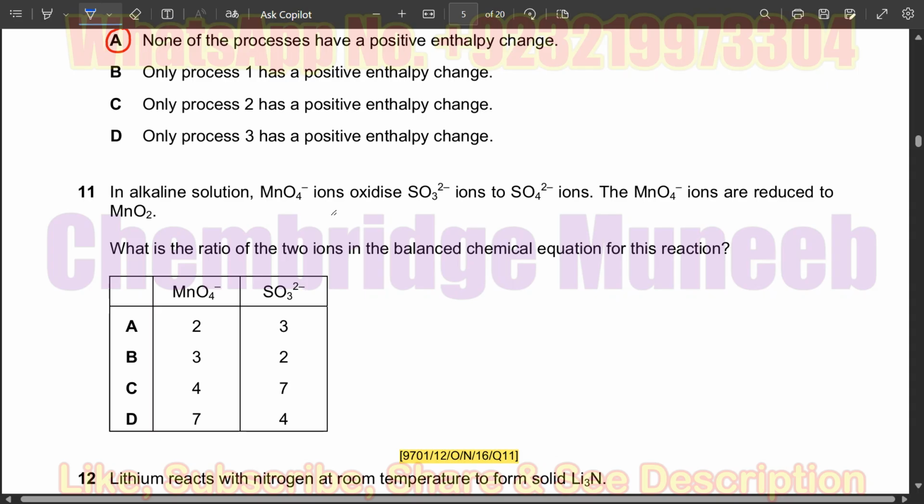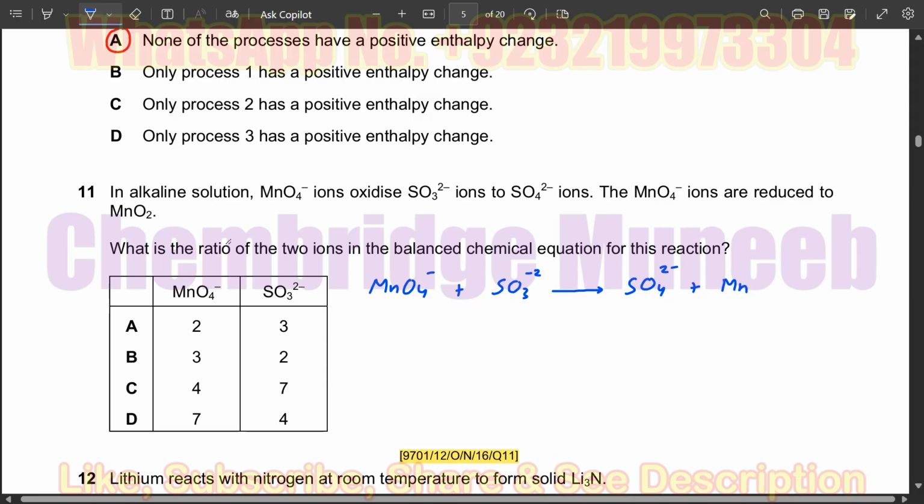Over here we have MnO4 negative ion. It reacts with the sulfite ion, which is SO3 2 minus, and it converts into SO4 2 minus plus Mn.